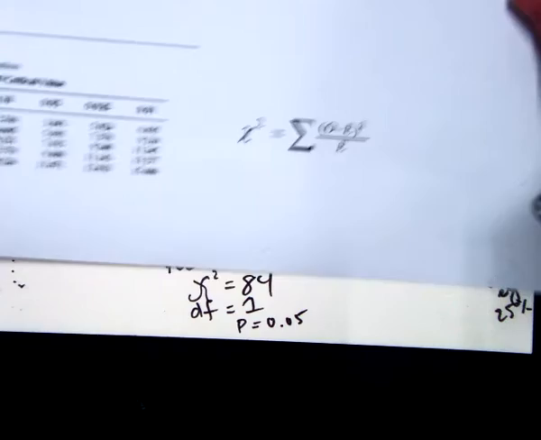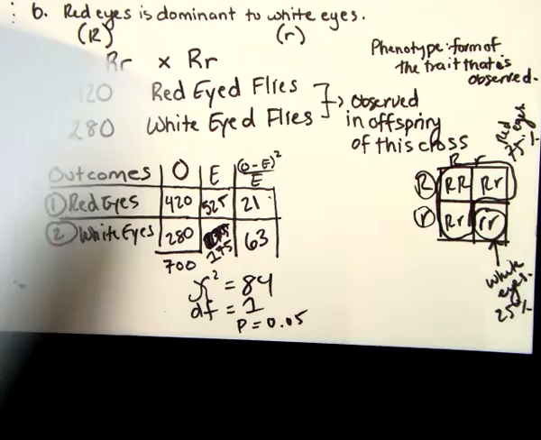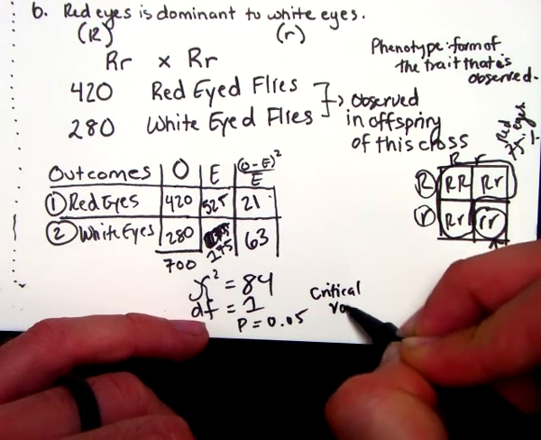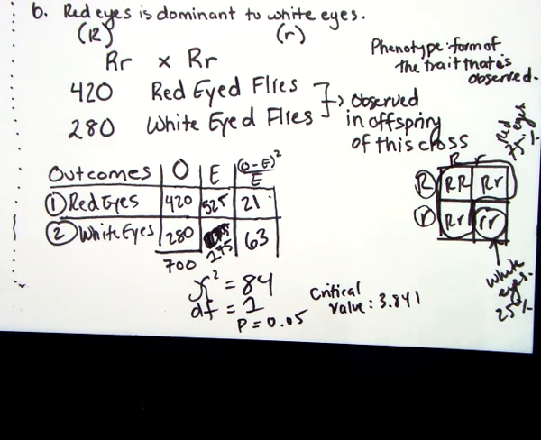So we actually will have the same critical value, which is 3.841. Do we reject or accept the null hypothesis? We reject, and we kick it to the curb. It's very clear. We've rejected it by a large margin.